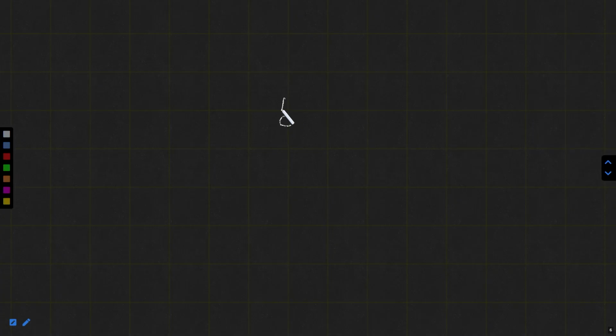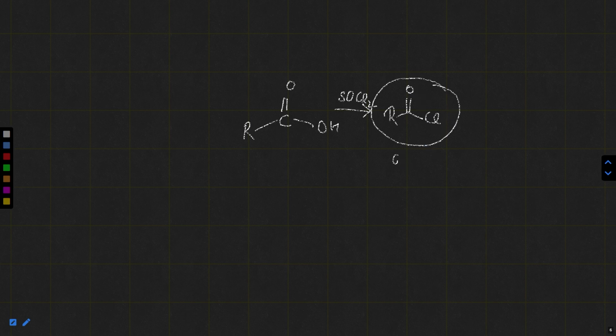If you have attended the previous lecture, you must have seen a reaction in which we treated a carboxylic acid with SOCl2. This is an SNi reaction, and if you do this reaction, you will get the acyl chloride.